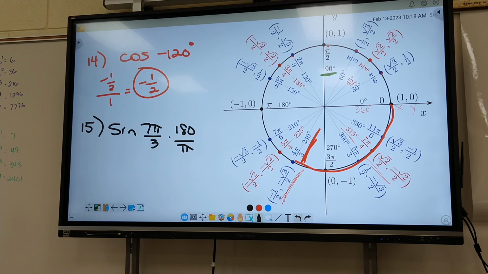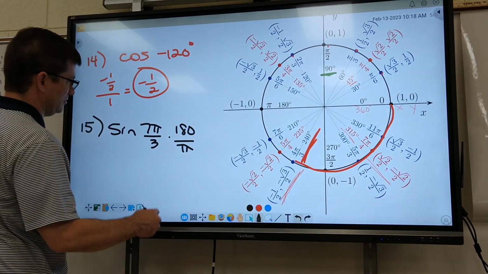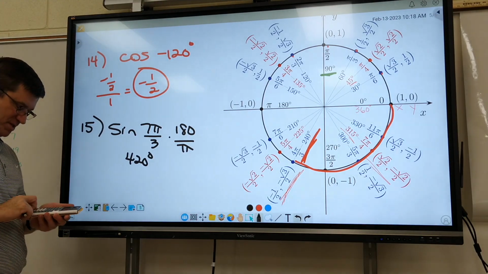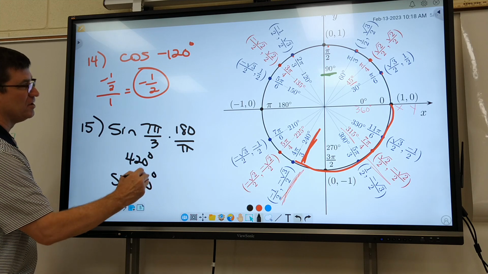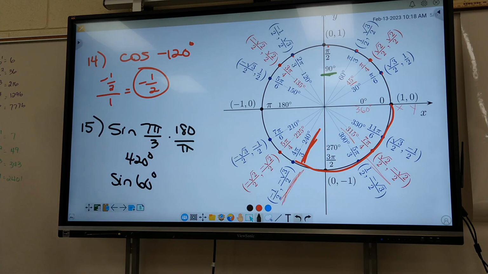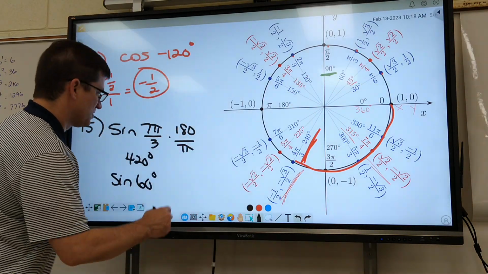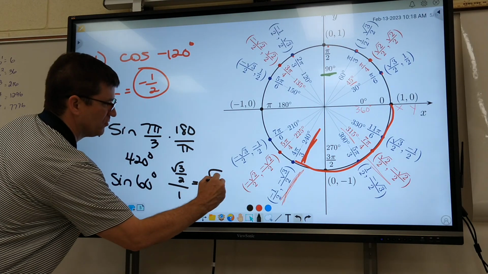What'd y'all get? I got 420. What's wrong with that number? Too big. So subtract 360. So our problem is really just sine of 60 degrees. All right, so now you look it up on your circle. Here's 60 degrees. Sine is going to be root 3 over 2 divided by 1, so it's just root 3 over 2.